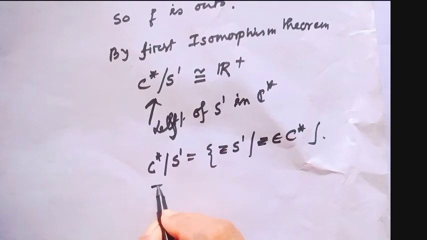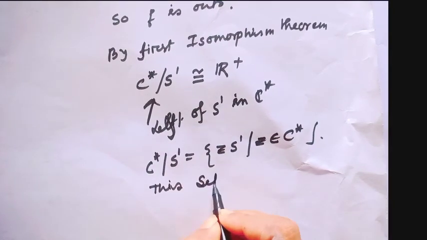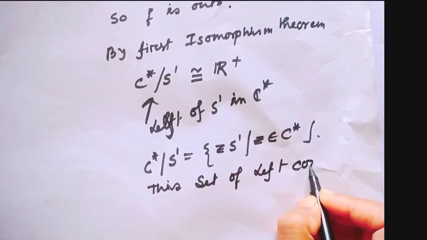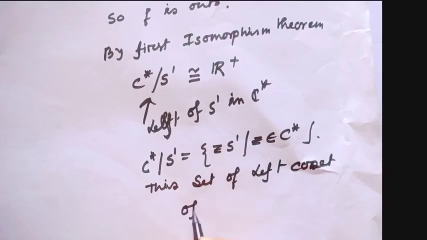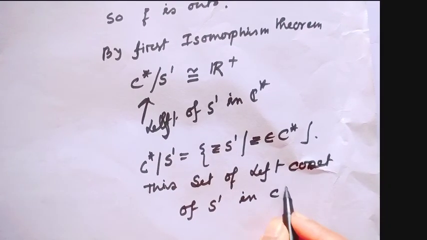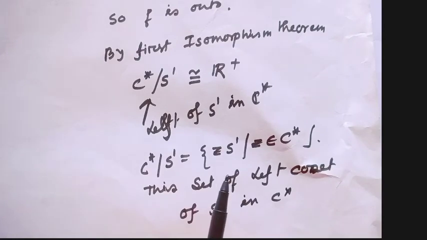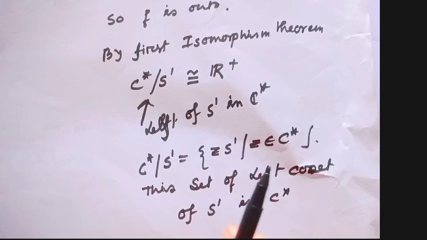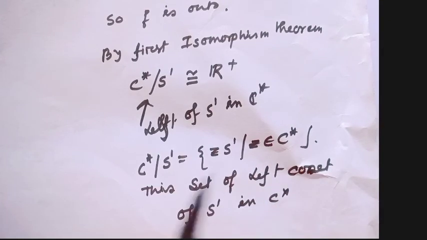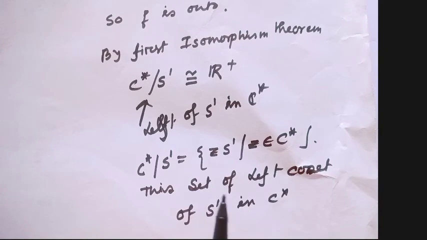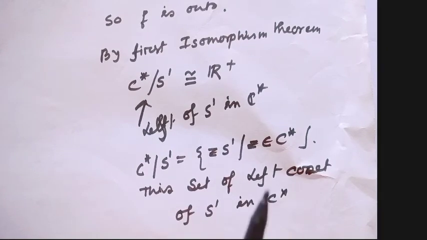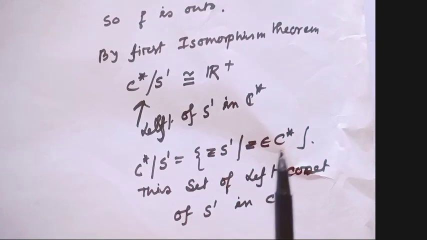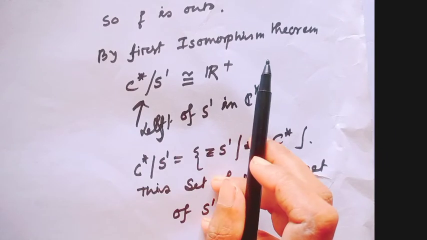And this is the set of all left cosets of S1 in C star. Okay? This means you have a radius 1 circle, radius 2 circle, radius 3 circle, radius 4 circle, etc. And the radius will always be a positive real number. So cosets are actually all circles with positive radius. So this is isomorphic to R plus.